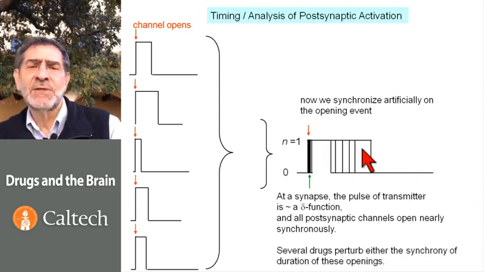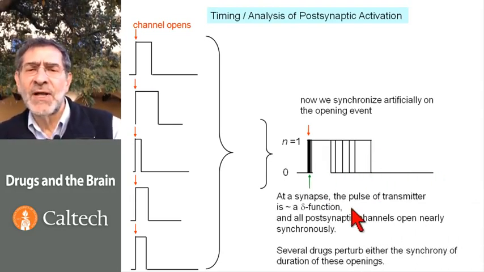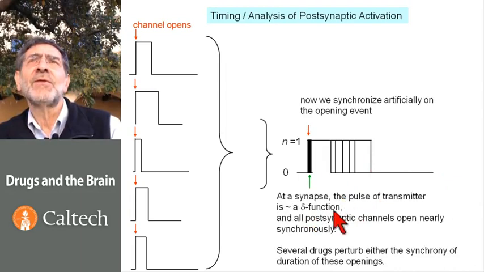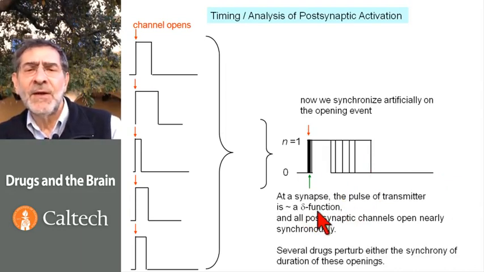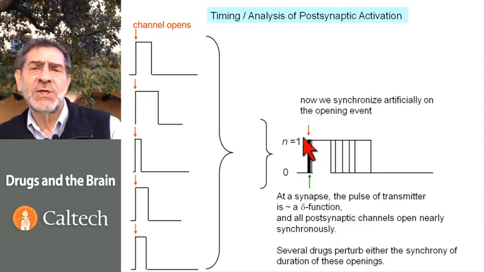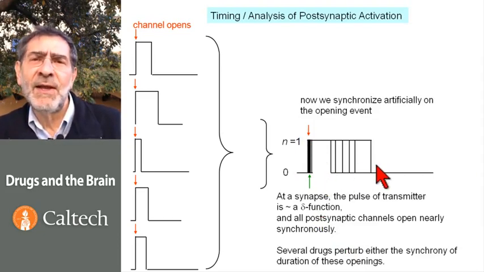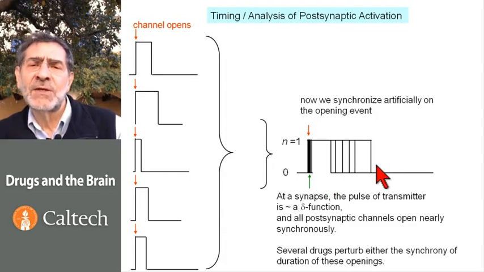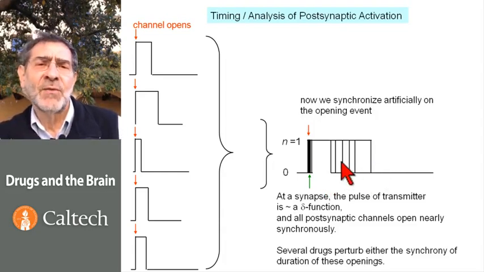So at a synapse, the pulse of transmitter is approximately a delta function, for those of you familiar with that, and all postsynaptic channels open nearly synchronously, and several drugs perturb either the synchrony or the duration of these openings, and we'll discuss them primarily in a future mini lecture when we discuss the GABA receptors.